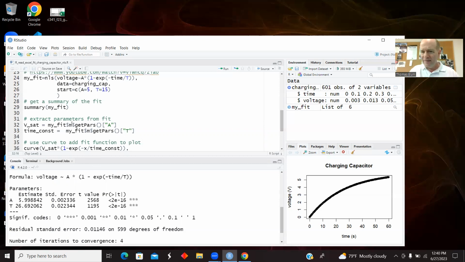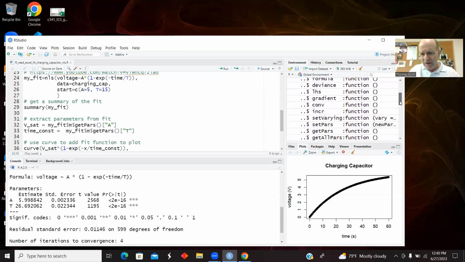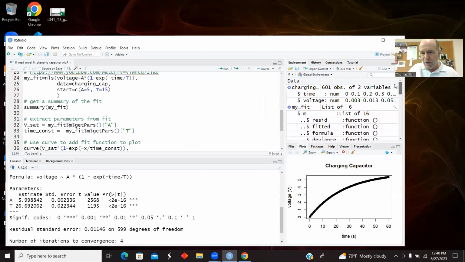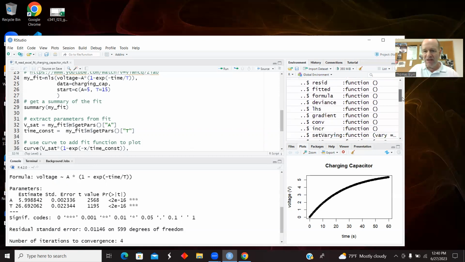It had this fit thing over here, has all sorts of bizarro things, because it's a whole process of things. But one of them was this M, and then M had a method associated with it to get the parameters. I'm presuming that's what that means.